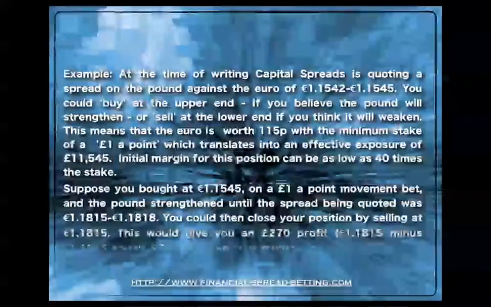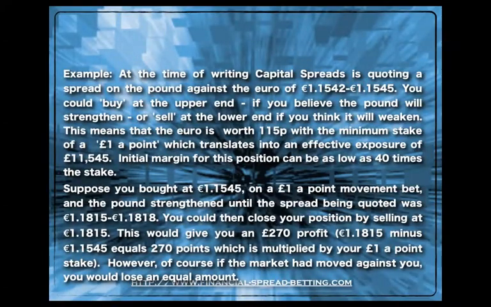Here's an example. Now, at the time of writing, Capital Spreads is quoting a spread on the pound against the euro of 1.1542 euros to 1.1545. You could buy at the upper end if you believe the pound will strengthen, or sell at the lower end if you think it will weaken.